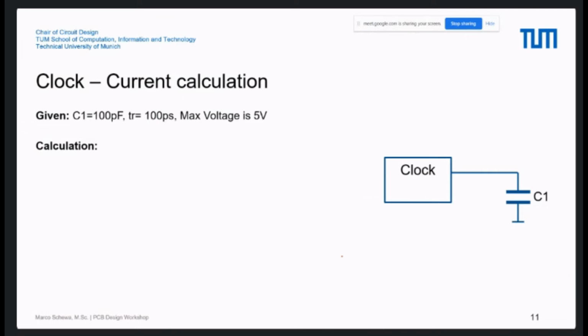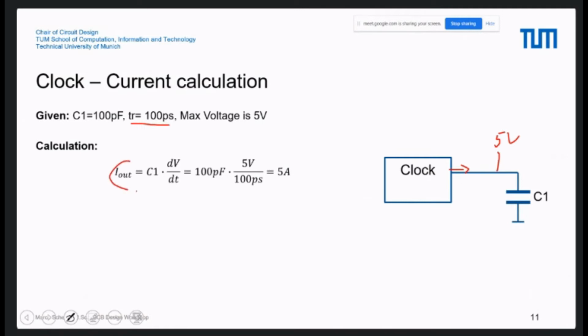Another very important thing is current. Let's say we have here clock generation. Here you have your load, a capacitor, and we know that the capacitor is 100 picofarad, and we want a rise time of about 100 picoseconds, and we have a maximum voltage at this point of 5 volt. So how large is the current here? It's very easy.